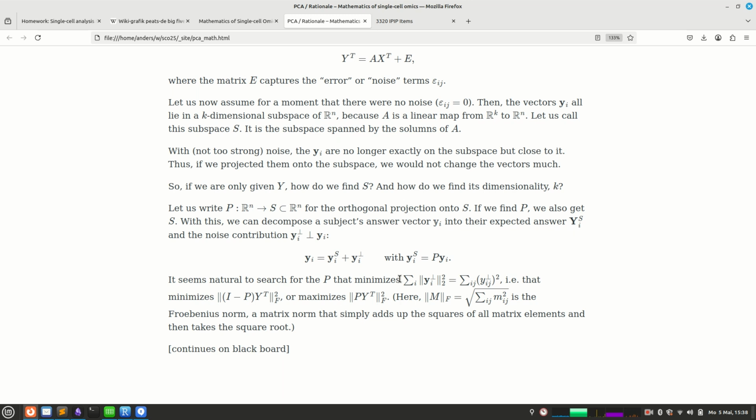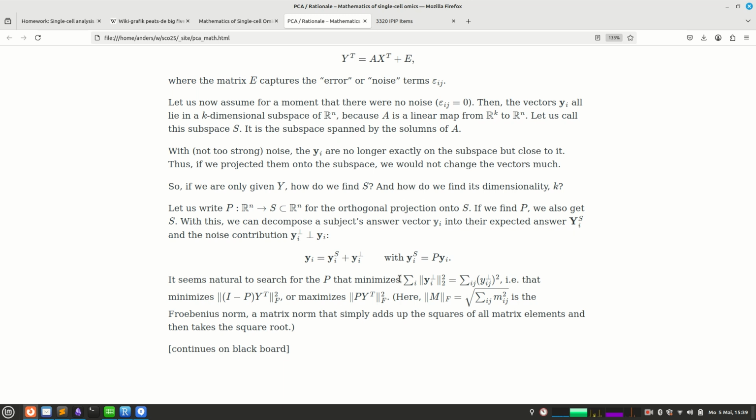So what we do is, as we said before, we decompose our yi into a projection part, P yi, plus a delta yi, which is the part which is orthogonal to it. And this effectively means that we take our space of possible question answers and subdivide it into a direct sum of our subspace and its orthogonal.